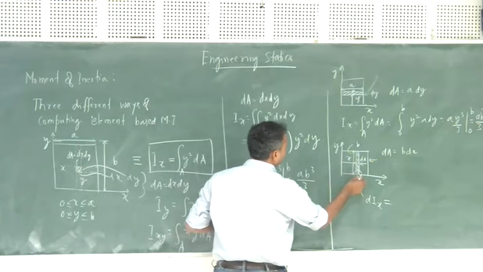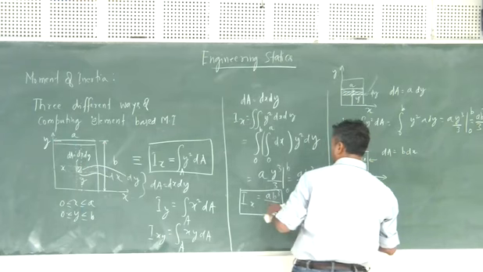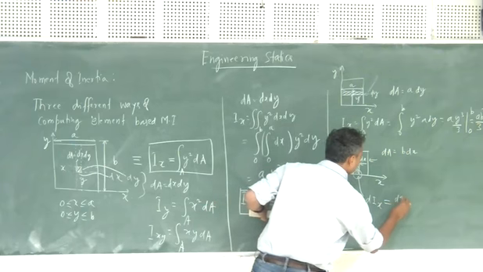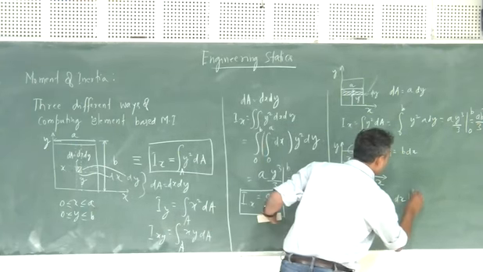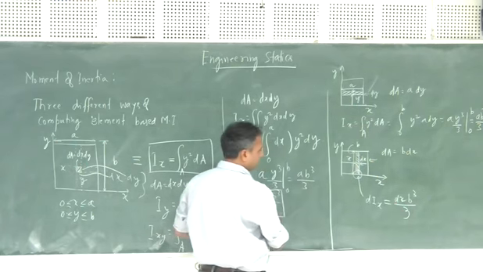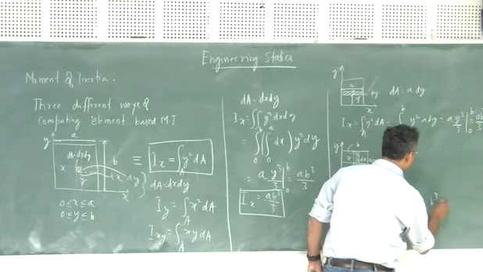So here, a is simply dx. The formula we are going to use: a is nothing but dx, and the perpendicular distance is b, so b cubed, divided by 3. So this is your dIx, b cubed dx by 3.